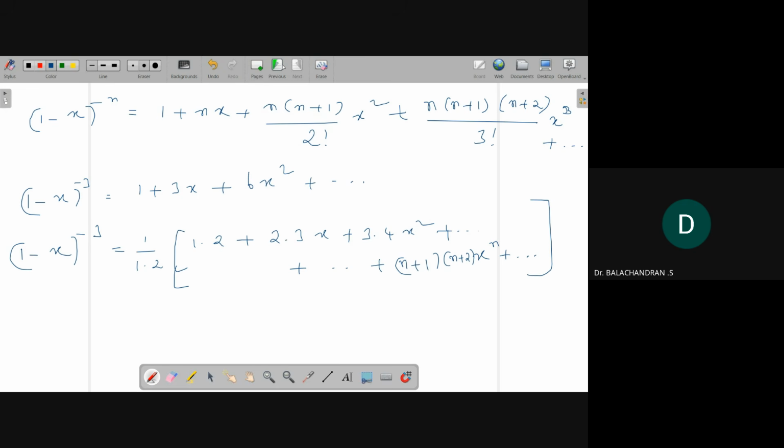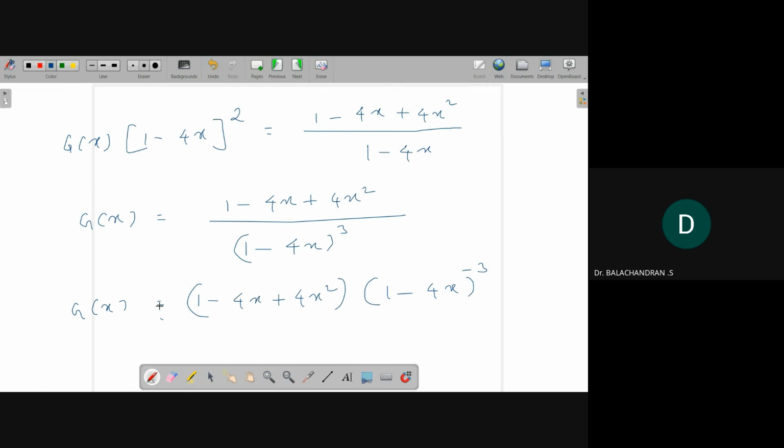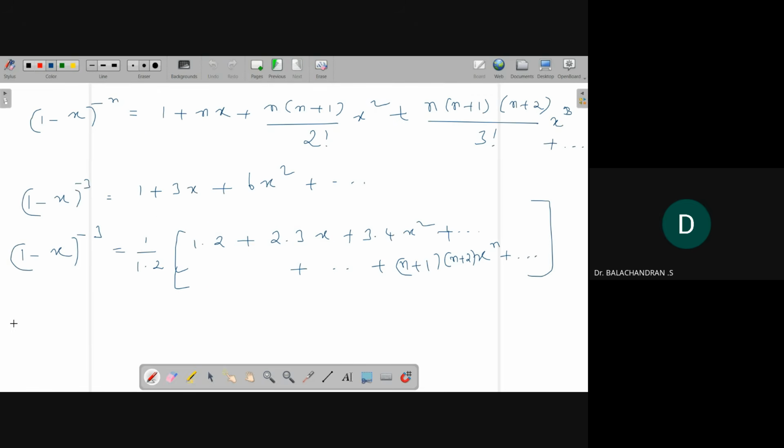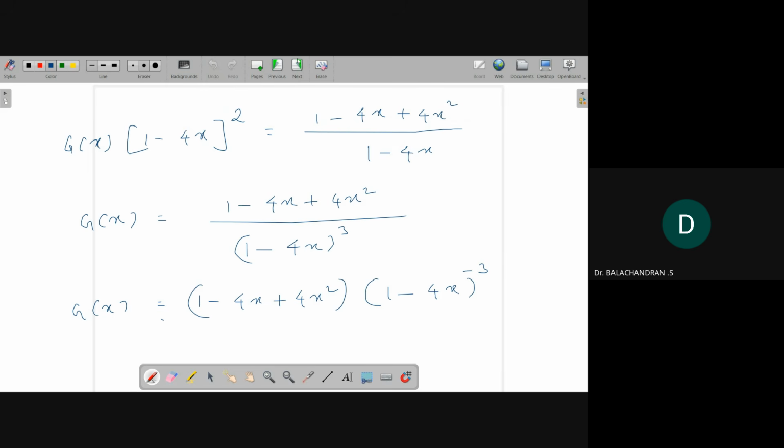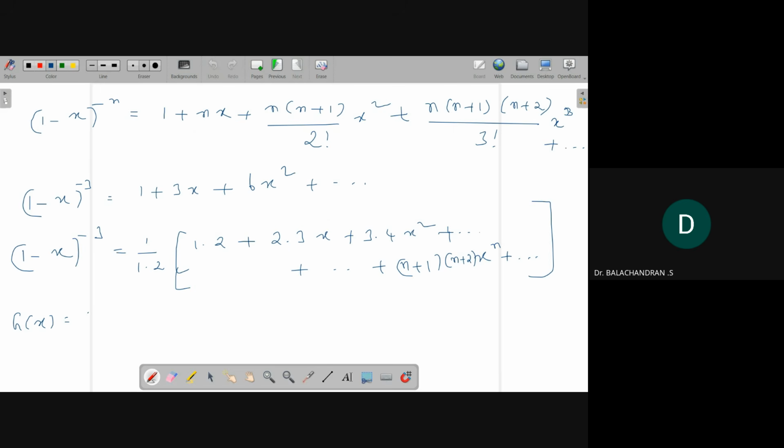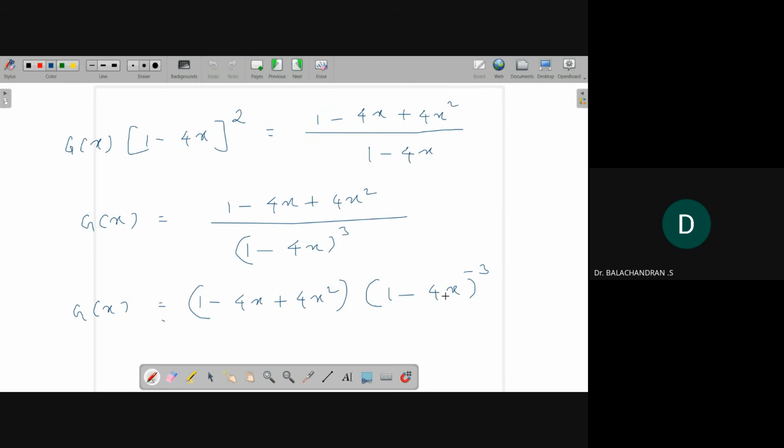Now in the previous one, we have g of x is equal to 1 minus 4x plus 4x square, into 1 minus x, instead of x I have 4x, whole power minus 3.